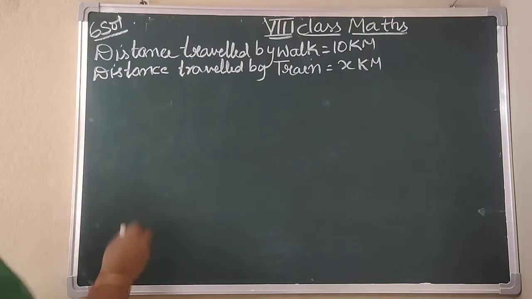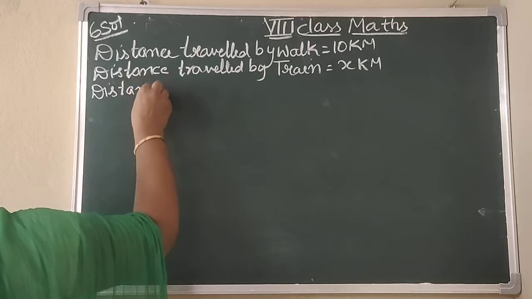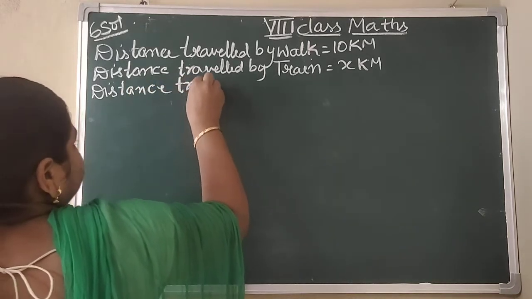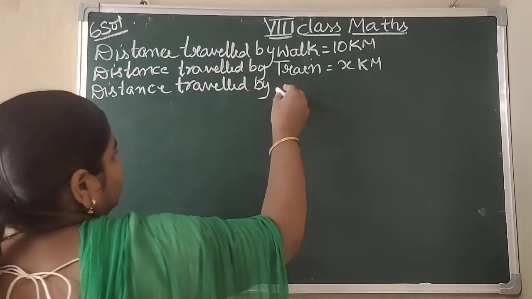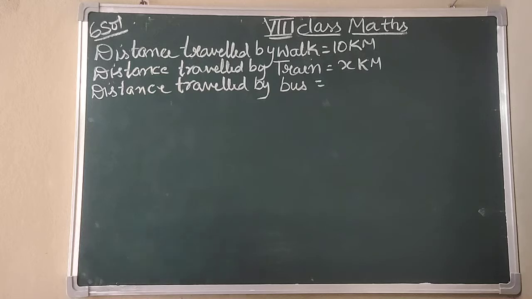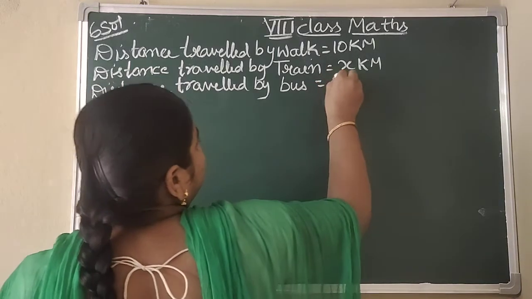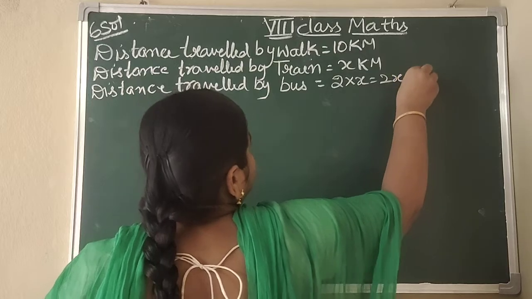Next, distance traveled by bus is how much? Twice the train itself. So that will be 2 into x, equals 2x kilometers.